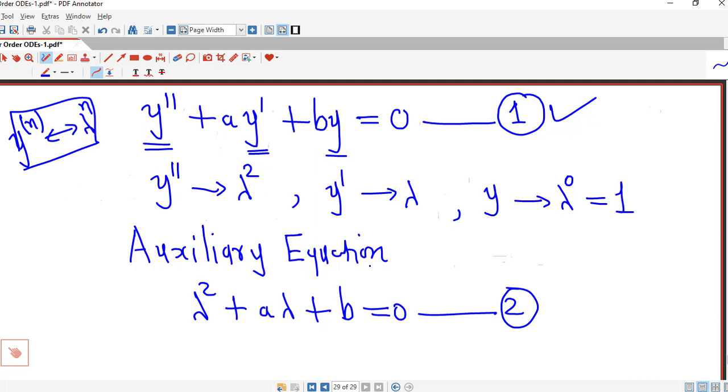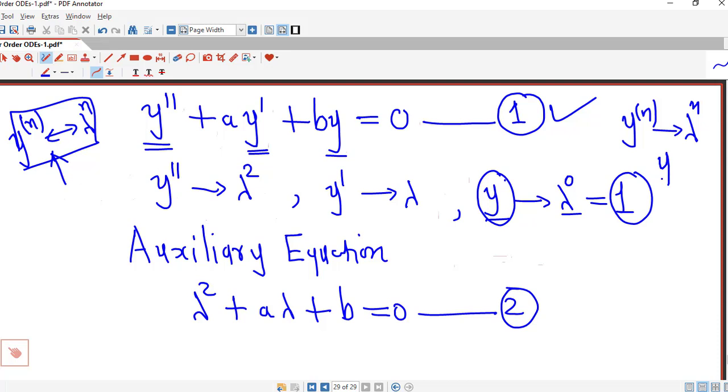Another name for the auxiliary equation is the characteristic equation, by replacing the nth derivative by the nth power of lambda, and here y we consider as the 0 derivative of y, so we replace y by lambda raised to 0, that is 1. So we will remember that the nth derivative of y will be replaced by lambda raised to n and y will be replaced by 1 to write down the auxiliary equation of the given homogeneous linear differential equation.